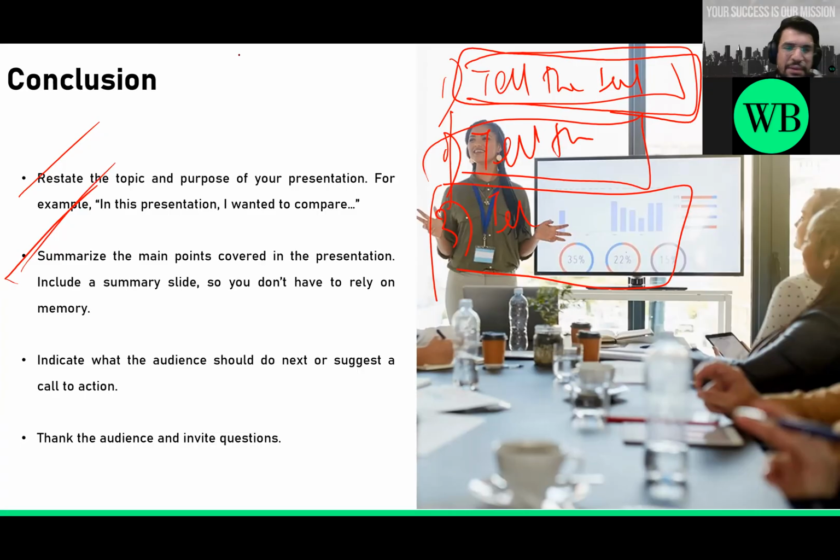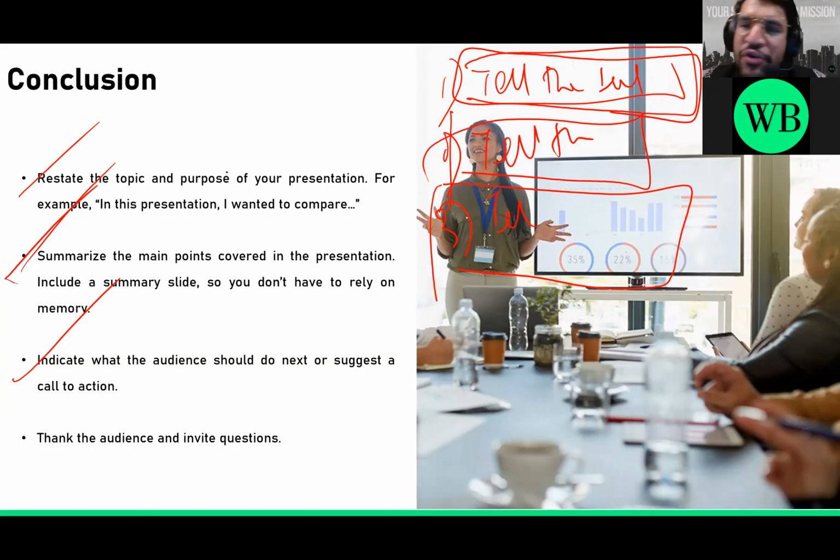So of course, make a summary, indicate what the audience should do next, or suggest a call to action, right? That means that if you need an approval or go-ahead from them, ensure that you're telling them right there, saying, okay sir, do I have your go-ahead on points 1, 2 and 3 that we discussed, and actually get a sign-off on each one of those things from whoever is sitting in front of you, right?